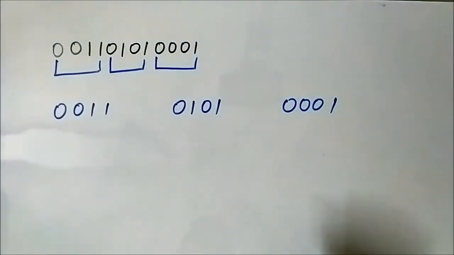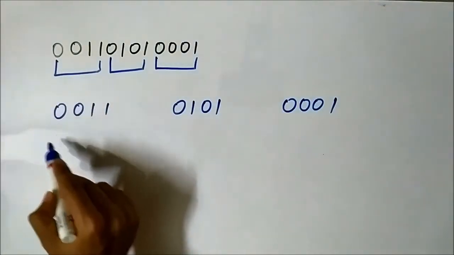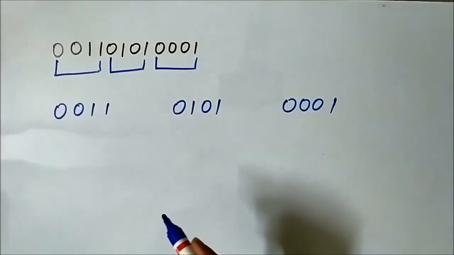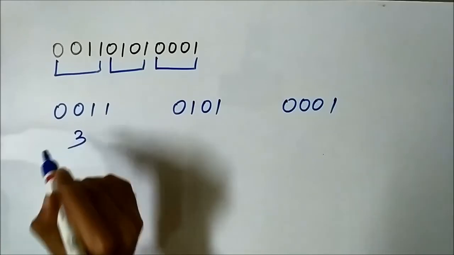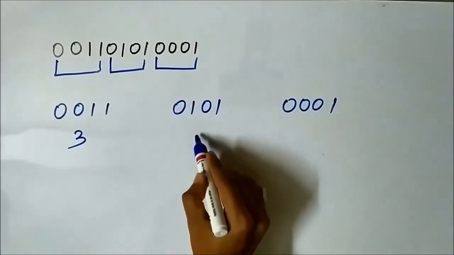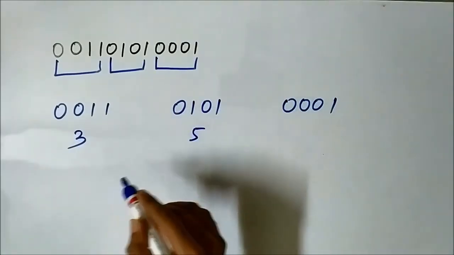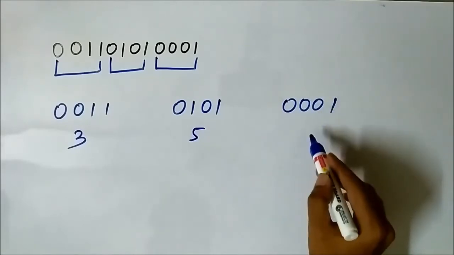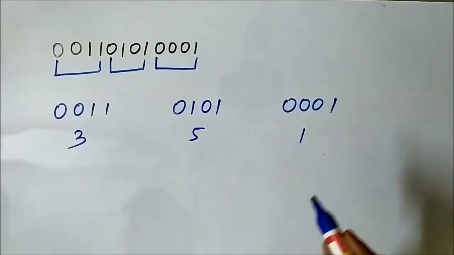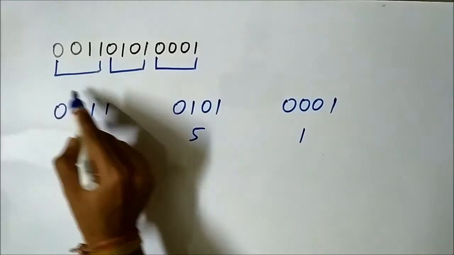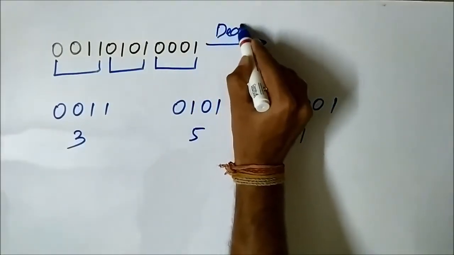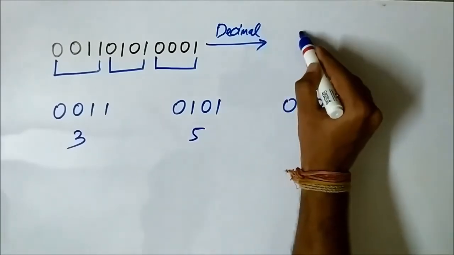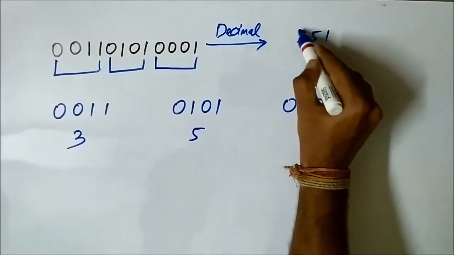This is the binary representation of 3. This is the binary representation for decimal number 5, and this is the binary representation for decimal number 1. So this BCD code in decimal form represents 351.